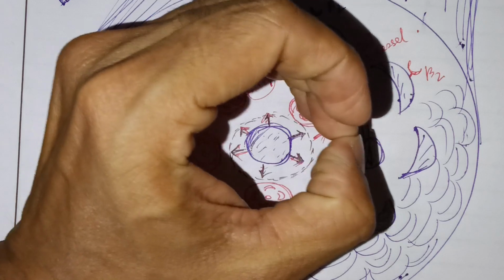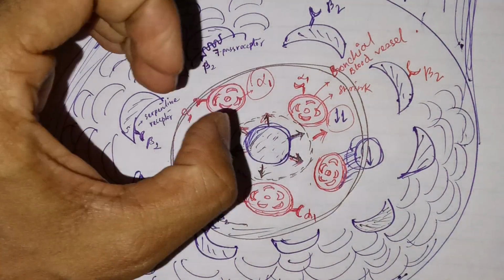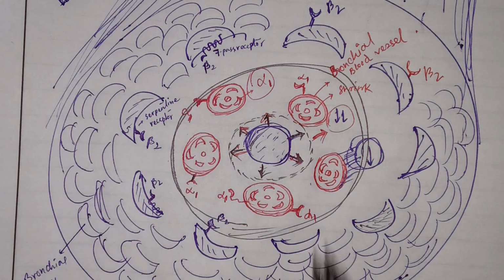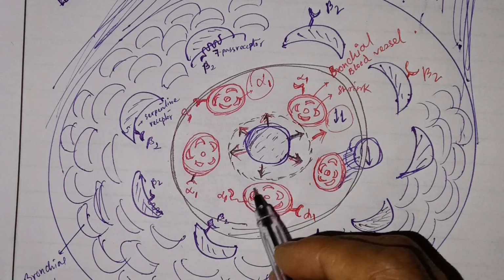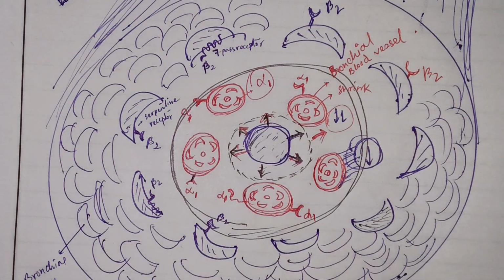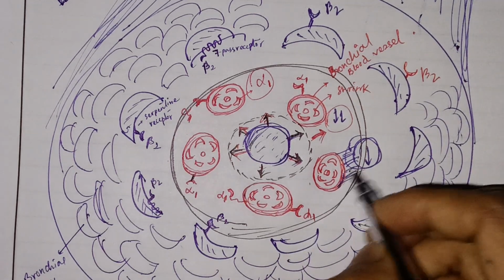The lumen of the bronchiole will become narrower and smaller. So, to decrease the swelling and make this inner part less hyperemic, what do we have to do? We have to shrink the blood vessels, the alveolar blood vessels.